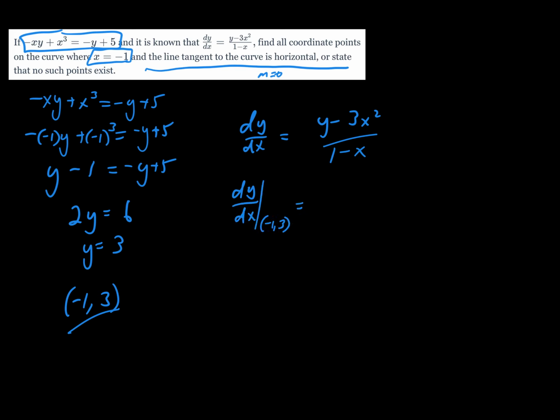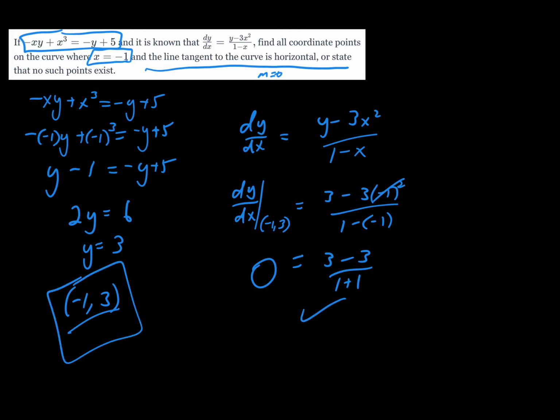It's the only point we have. Let's just see what happens. We have 3 minus 3, that's a -1 squared, and then we have 1 minus a -1. This is 3 minus 3, and this is 1 plus 1, so it does come out to be 0. Great, and since that's 0, we have 1 point, (-1, 3).